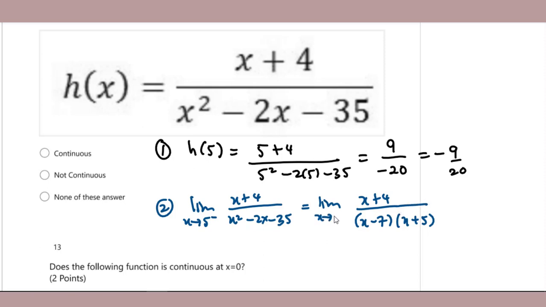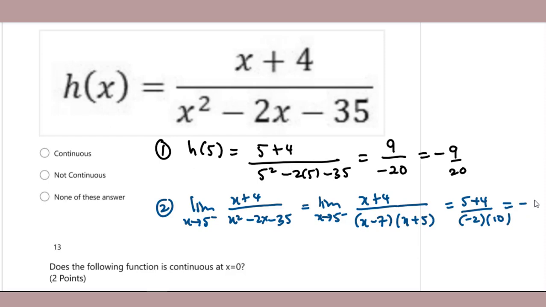Substitute: 5 plus 4 over 5 minus 7, negative 2, times 5 plus 5, 10.